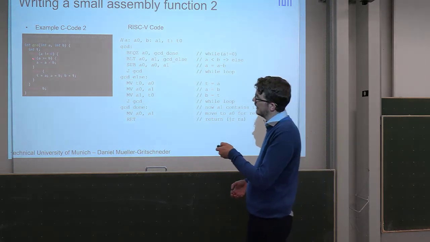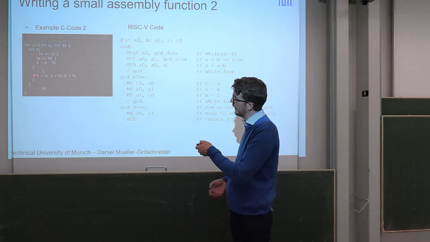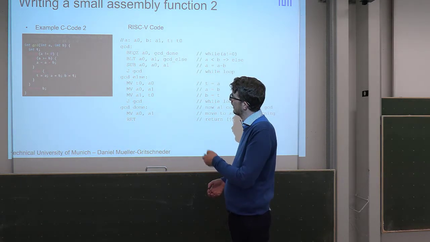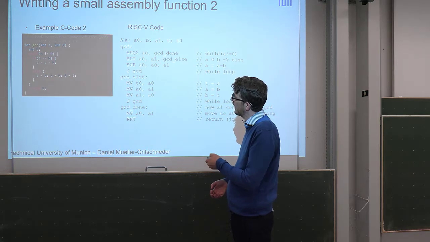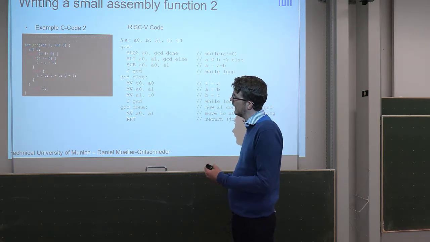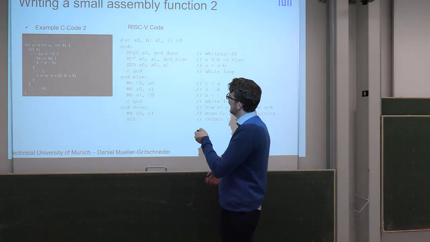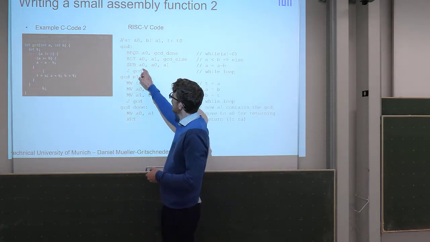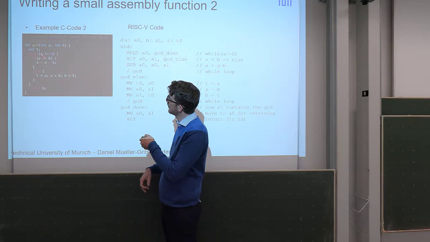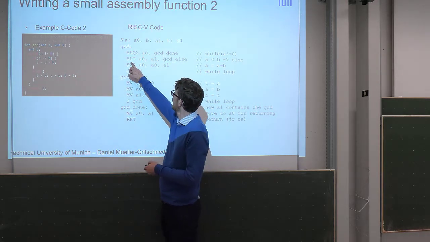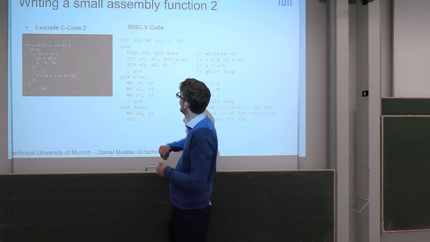Then the next thing is we have an if-else statement. So we first have to see, okay, what is the condition? The condition is A greater or equal to B, right? And again, what we are doing is we are turning this around. So we are saying, is A smaller than B? So we have LT, which is for lower than.